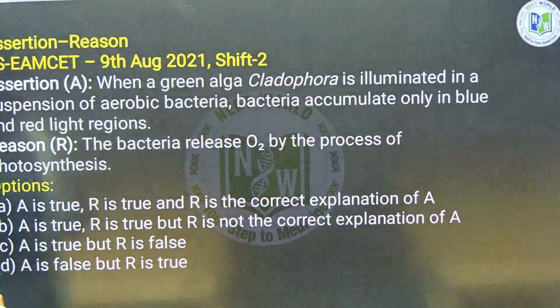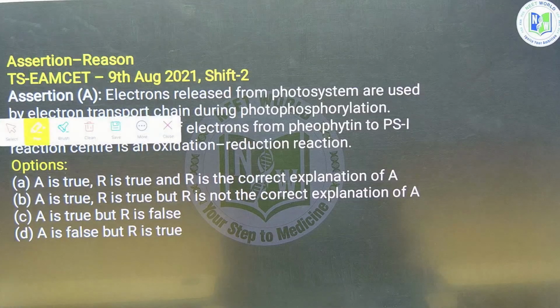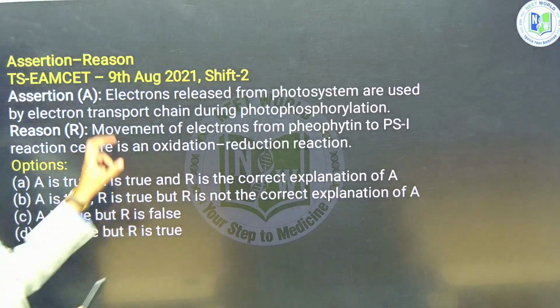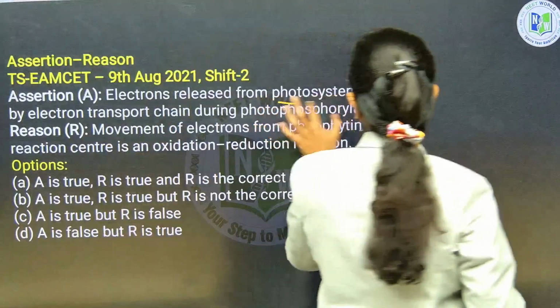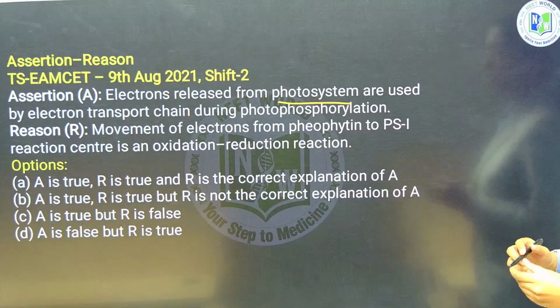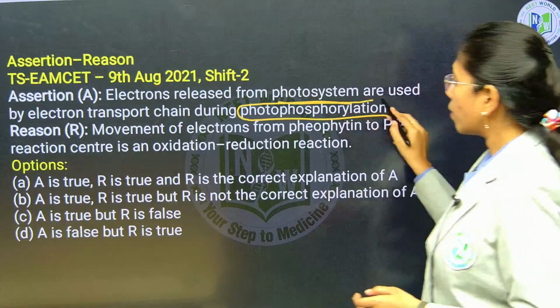Next question, again assertion reason type. Assertion: Electrons released from photosystem are used by the electron transport chain during photophosphorylation. Fine, right?